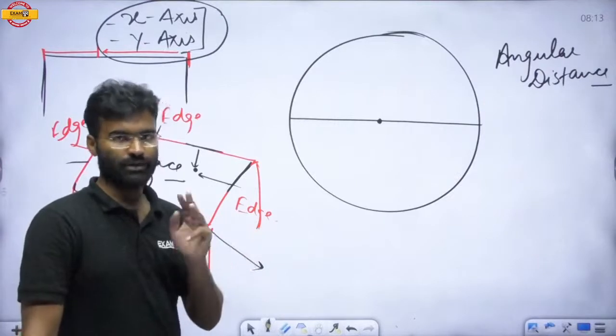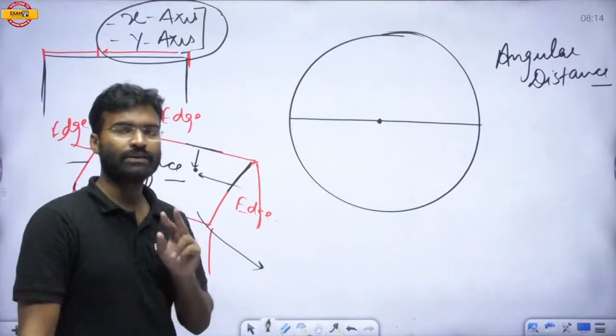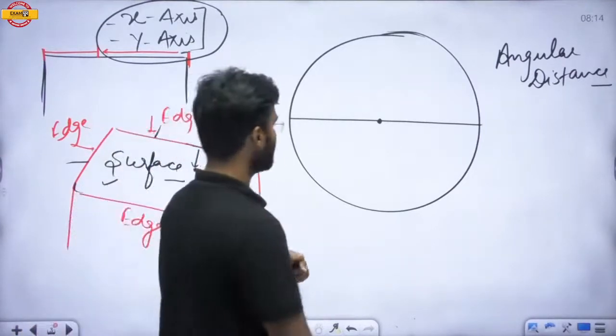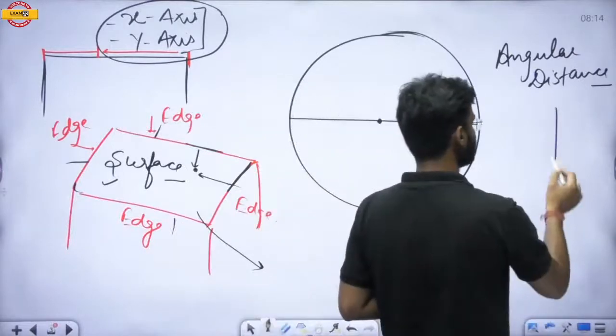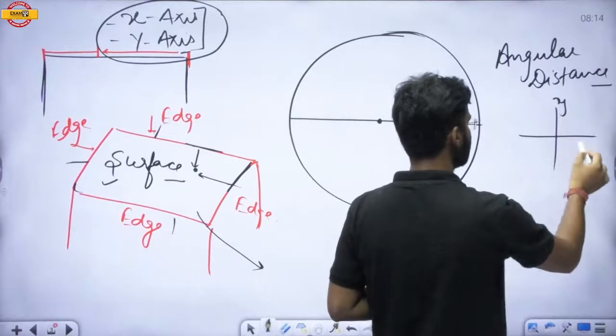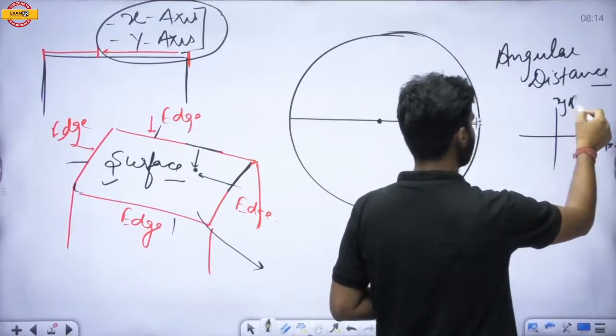But in 2D, there is only the requirement of two, the x and the y axis. In coordinate geometry, you study that there is a y-axis and an x-axis.